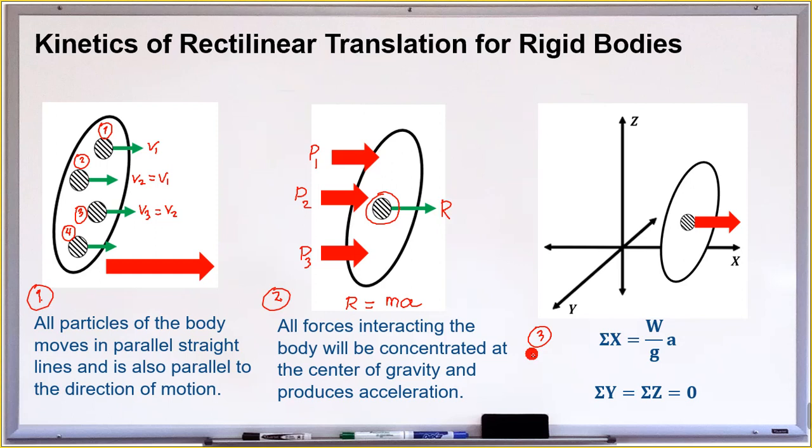If we talk about kinetics, we are considering the effects of external forces. So here, let's just say that this object moves in a single direction, and we let that direction be the x direction. We can also choose other directions, as long as it is just one direction.